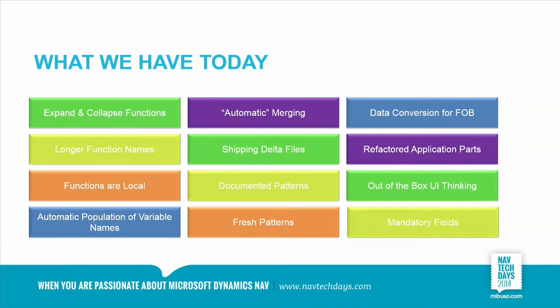For those of you who were here last year, you might have heard me talking about data dictionary. This is a very tiny version of a data dictionary, but it's better than having nothing. I'm really happy with this feature. We got automatic merging. We can start thinking about delta files. So there's actually a lot of things that started happening in the last couple of years.